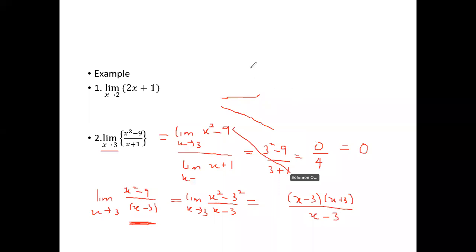That is the case. Let's bring the limit. So this is the limit as x approaches what? 3. If that is the case, then we have x minus 3 here, which can cancel out the denominator, which is x minus 3. Okay, so it means that the question is reduced to the limit of x plus 3, okay, as x approaches 3.